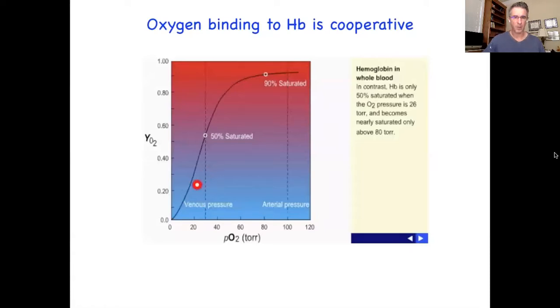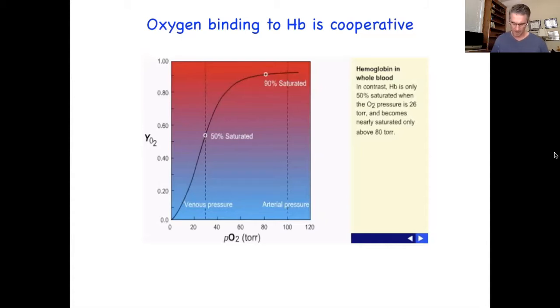Here's the hemoglobin, maybe about 50% saturated, maybe a little bit less, depending upon other constituents of the solution the hemoglobin's in. This can be driven down even lower. And then as we get up to arterial pressures, look what happens. That binding curve does that little nonlinear thing, and right up here, we now have nearly fully saturated hemoglobin.